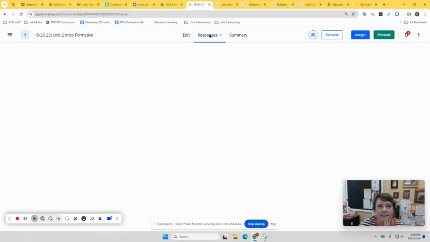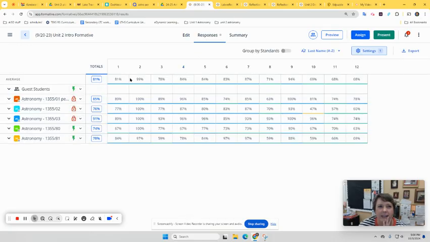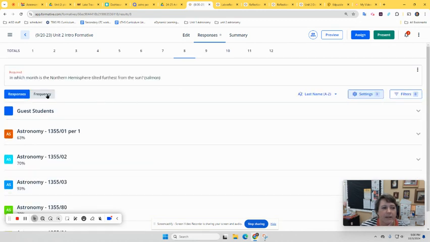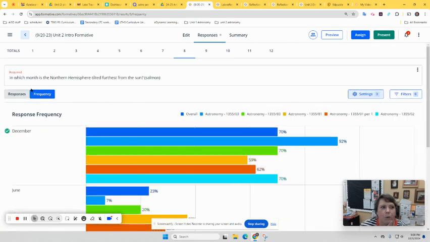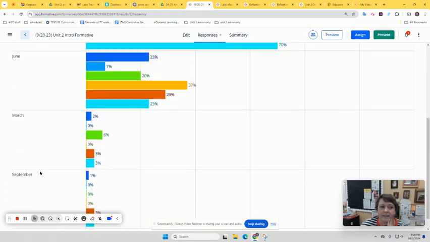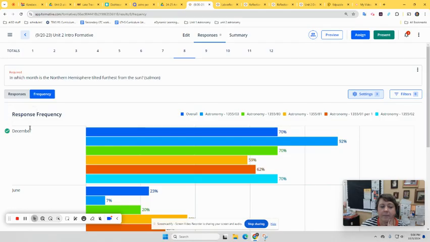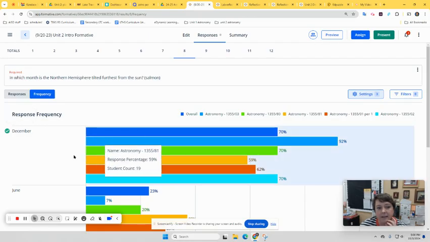Okay, let's see. That one was 78%. Let's do this one, number 8. 71% of people got this wrong. In which month is the northern hemisphere tilted furthest from the sun? Again, this is basically the same question, and it's December. Out of these choices, the highest tilt is on the December solstice, so that is the correct answer.